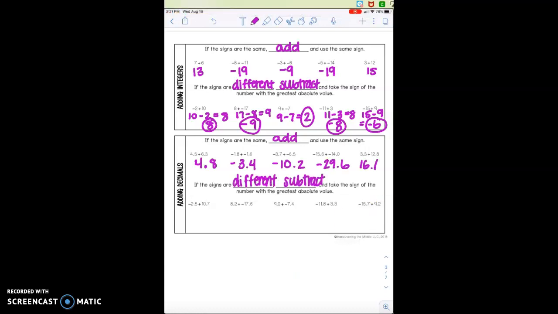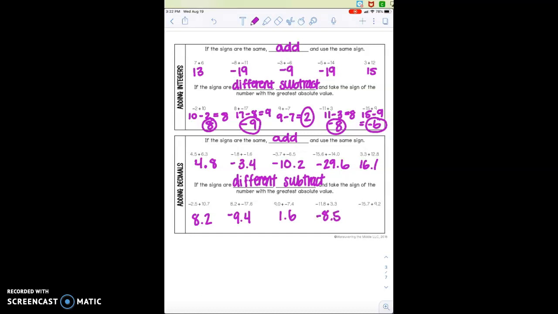And same thing here, if the signs are different, you subtract and take the sign of the number with the greatest absolute value. So here, I did 10.7 minus 2.5, sorry, yes, 10.7 minus 2.5 to get 8.2. 17.6 minus 8.2 to get 9.4, but it's going to be negative because 17.6 is greater than 8.2.